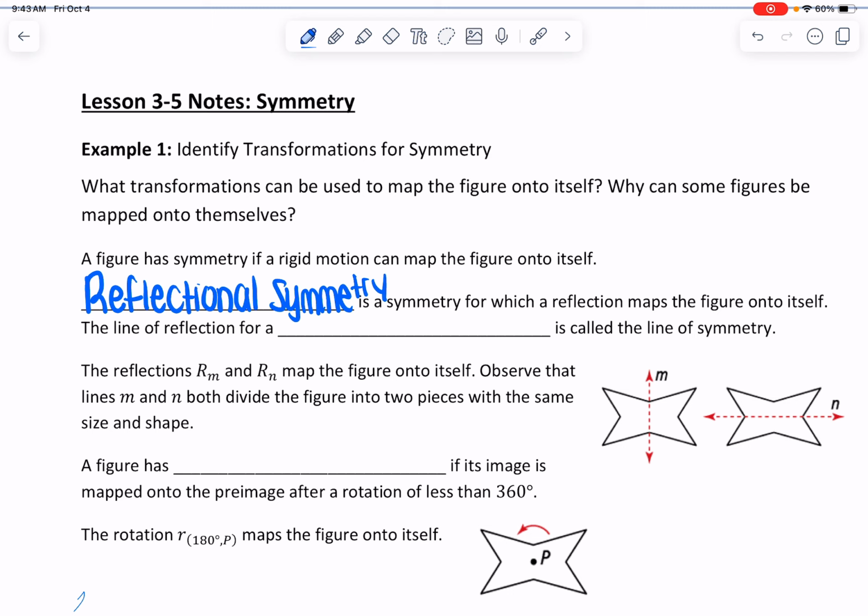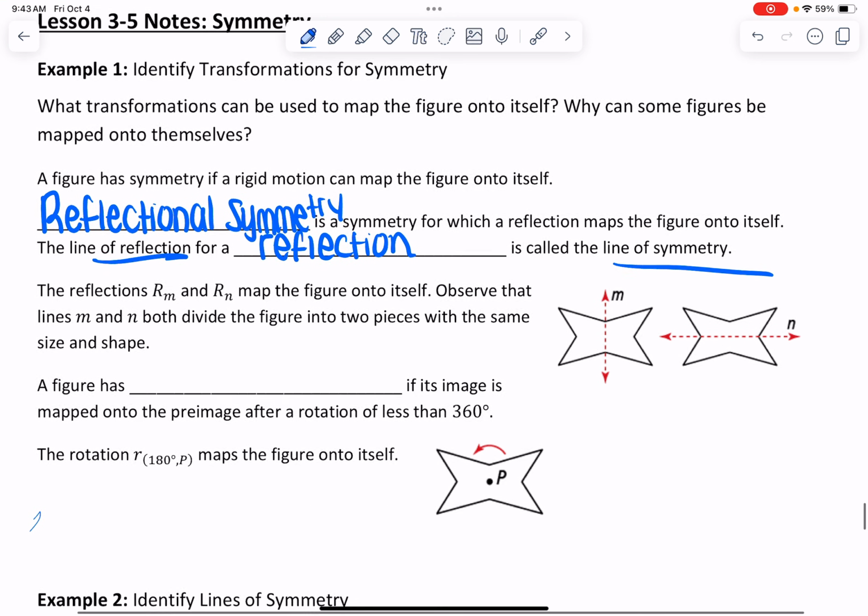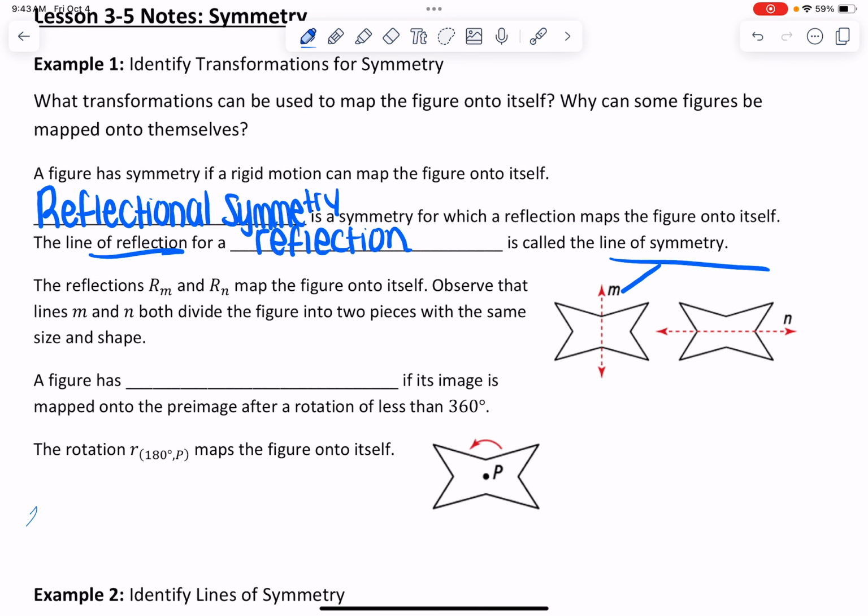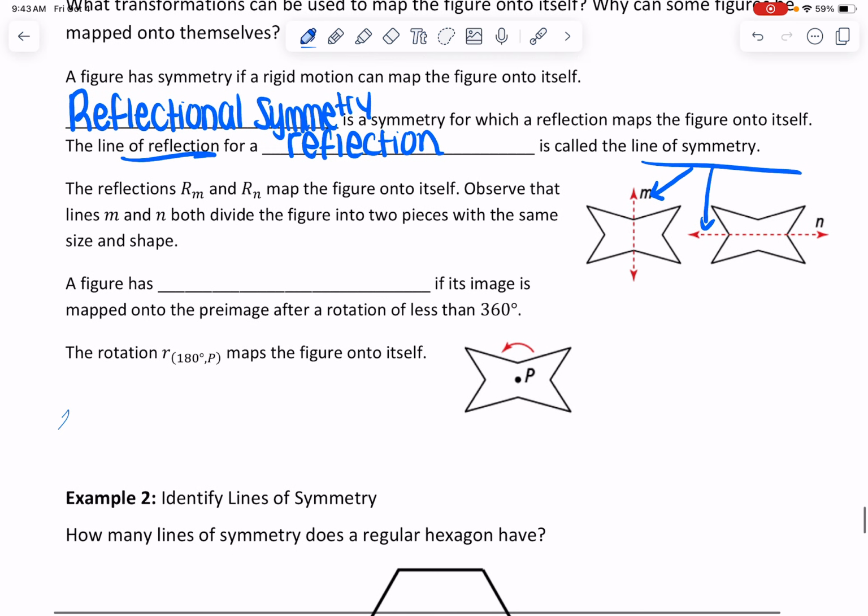The line that we map it across, the line of reflection, is called the line of symmetry. So if you notice in the pictures below, your line of symmetry is like that M and N line, and we know that we can fold it in half and it'll be equal on both sides. So that's the first type of symmetry, reflectional symmetry, okay?